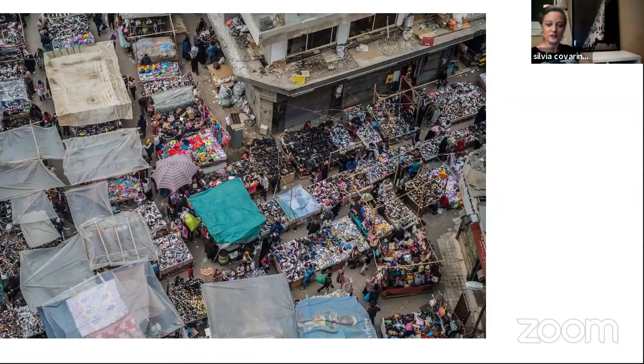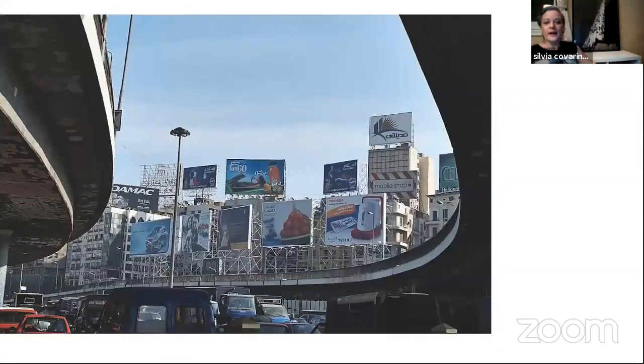Look, people really occupy, organize, and inhabit the space. At the same time, in Cairo, we have the experience of large infrastructure. In that case, the scale of the city becomes large, and the scale of the street is very impressive, and the infrastructure is probably another layer, another landscape.